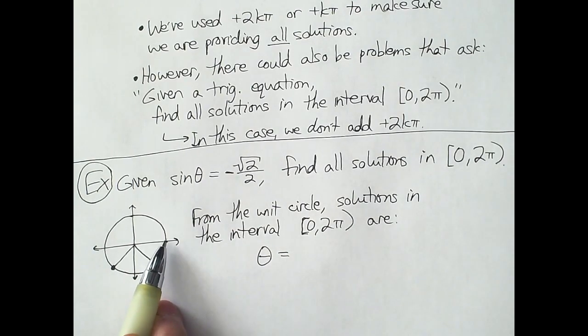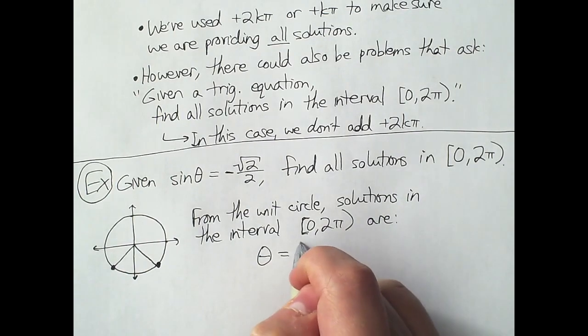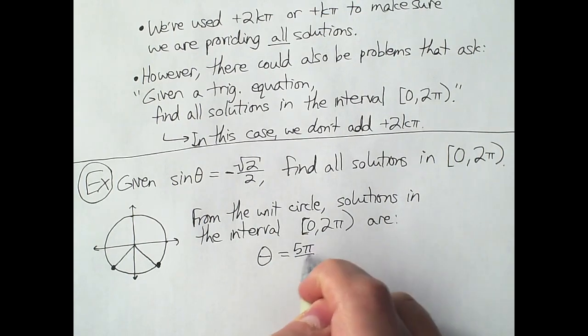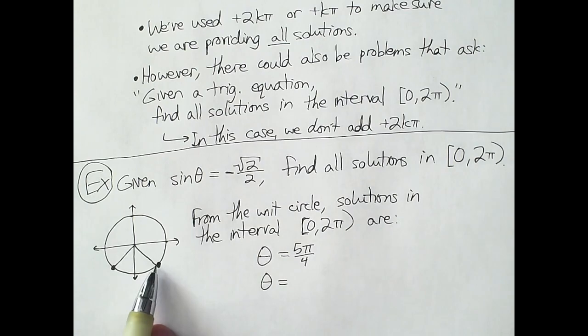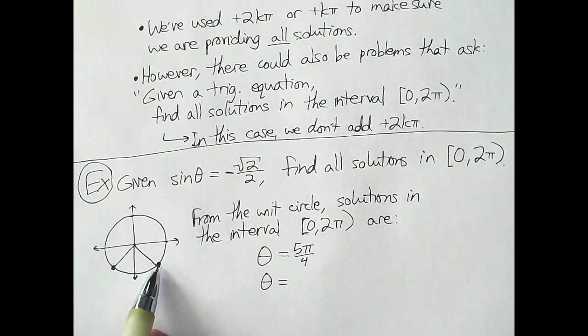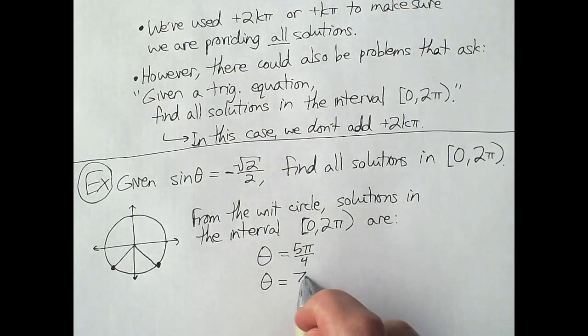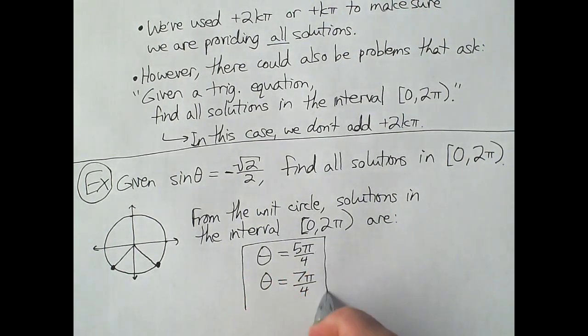We went in the positive direction, and we go a little bit past pi. We go 5 pi over 4. And what's the other one? Go around in the positive direction, 7 pi over 4. And that would be it. That would be the answers. Don't add 2k pi to it for a problem that's phrased this way.